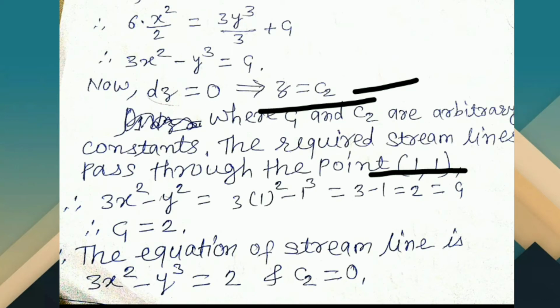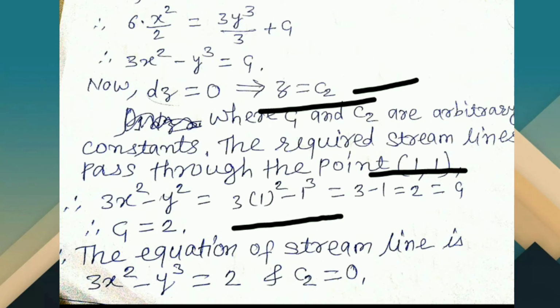So we get 3 into 1 square minus 1 cube in place of 3x square minus y cube. Here it is not y square, it will be y cube.